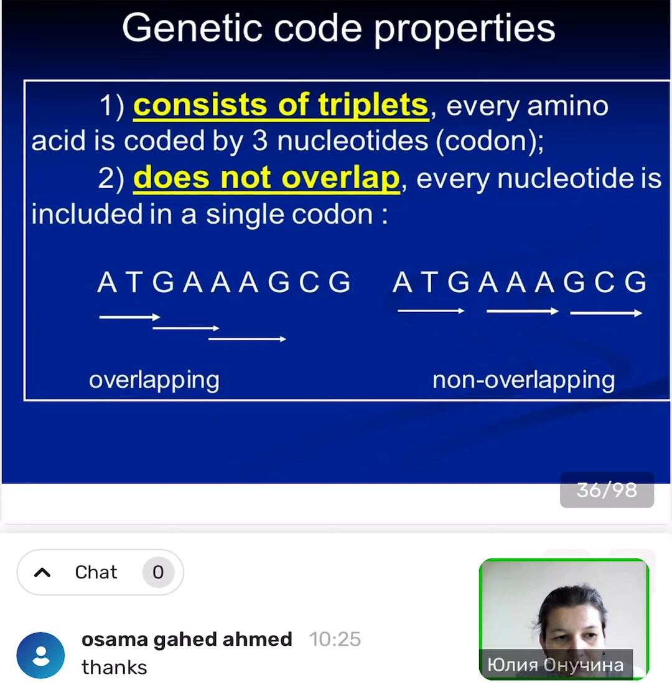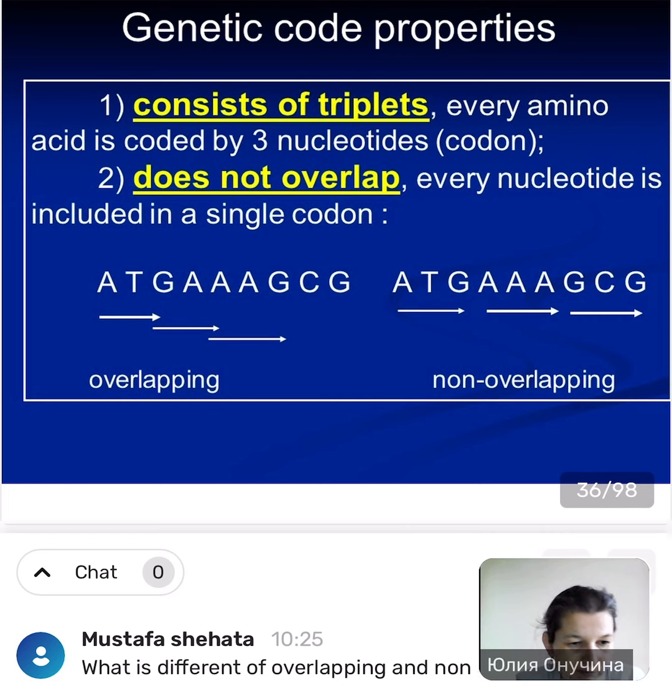Before this, you see on the right side of our slide, ATG, and this G will take part in another codon. So in eukaryotic cells there will be only 3 codons. In the prokaryotic cells, we can count 1, 2, 3, 4, 5, 6, a lot of codons.